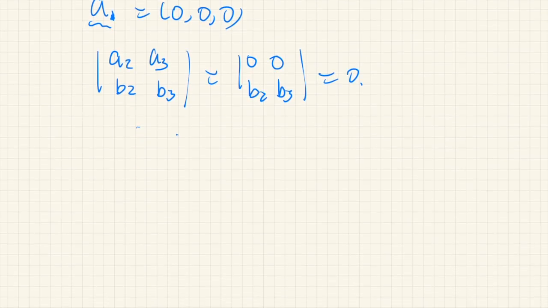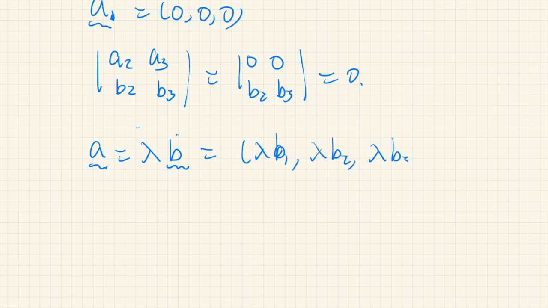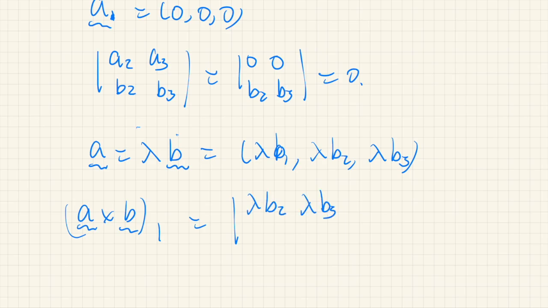And for the second part, if A is proportional to B, so if A and B are parallel, then the elements of A can be expressed as lambda B1, lambda B2, and lambda B3, right? So the first component of A cross B becomes this determinant with lambda B2, lambda B3, and B2 and B3.